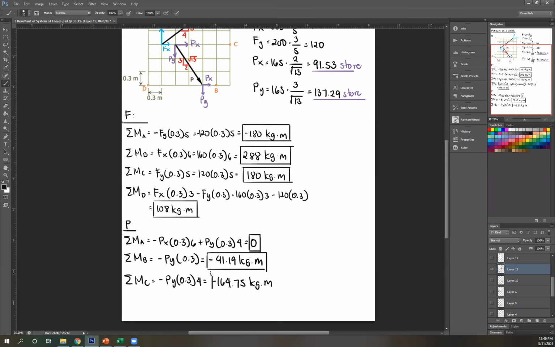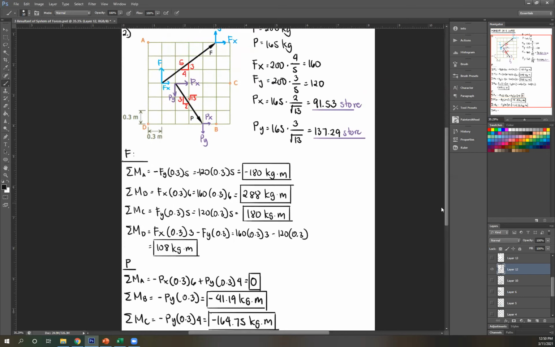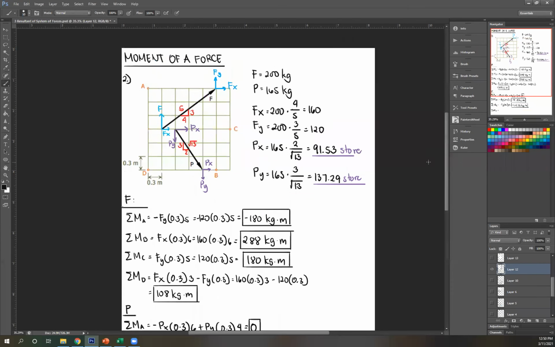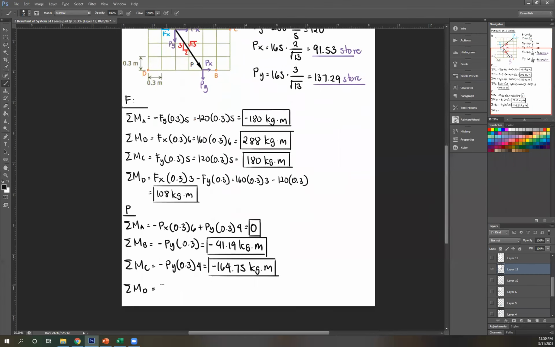And then lastly, moment at D. Where's D? I'm going to use this again because Px passes through D. So using Py, that is clockwise. So positive Py times distance.